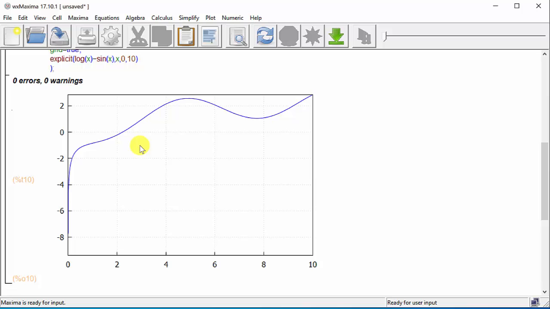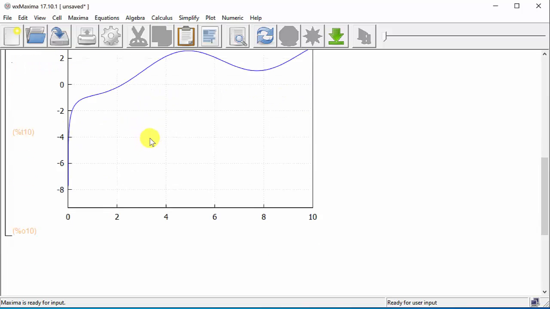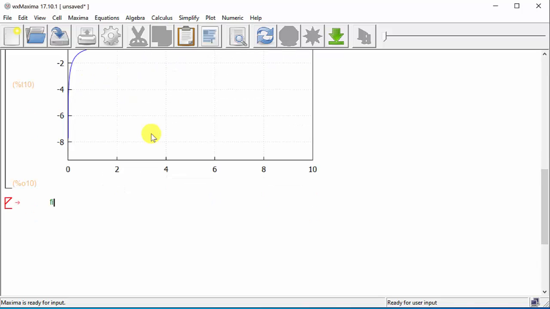So now we can go about solving this. We're going to use find_root, and I want to find the root of natural log x. And remember, in wxMaxima, I use log(x).